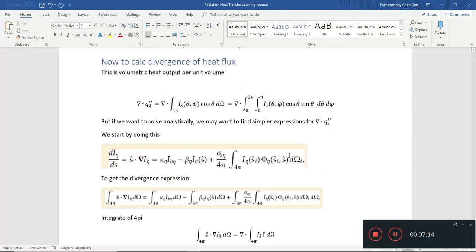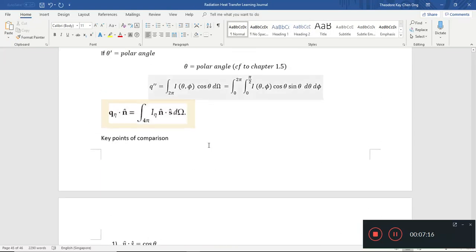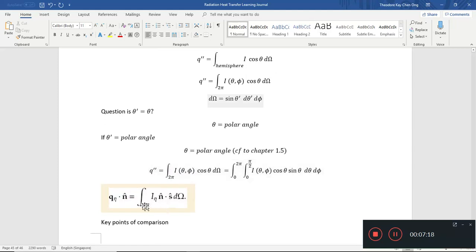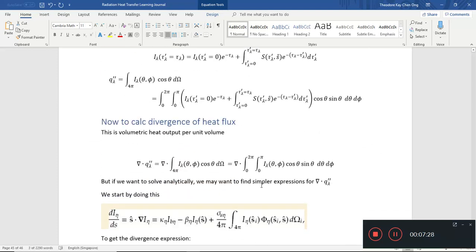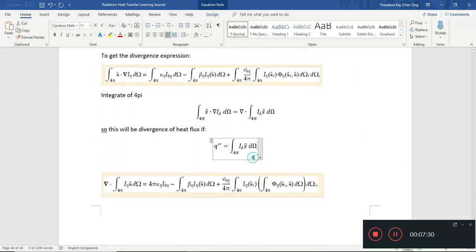So how come, if we were looking at the same thing before, the heat flux equals this thing here? Okay, so I'm just going to copy and paste this. Here's the heat flux.